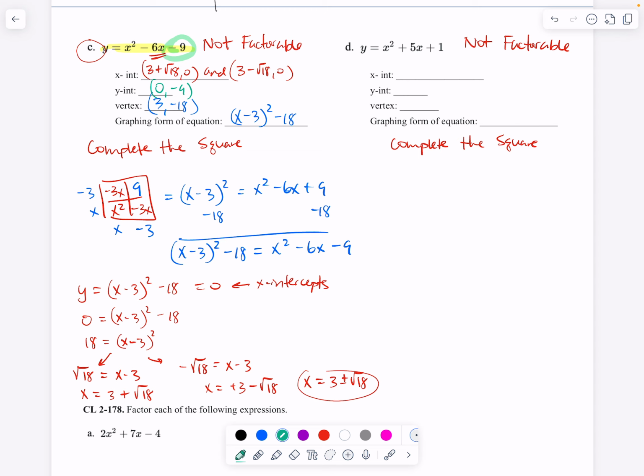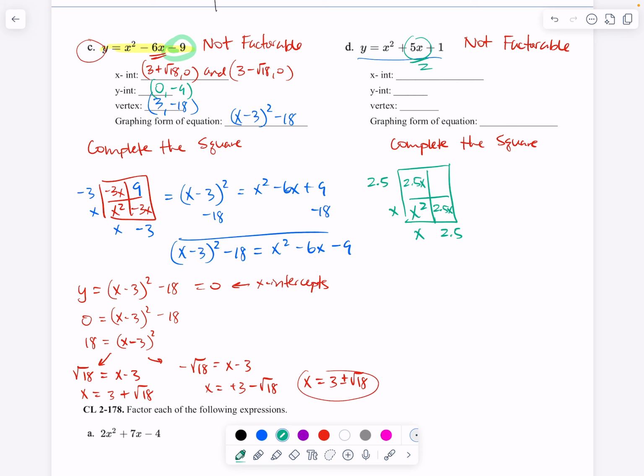Great, okay. Letter D, same idea, not factorable, complete the square. Here we go, let's maybe change colors a little bit. So I've got x squared, and now 5x divided by 2. This is going to be 2.5x, 2.5x. So this one's annoying, but you just got to go with it, 2.5.